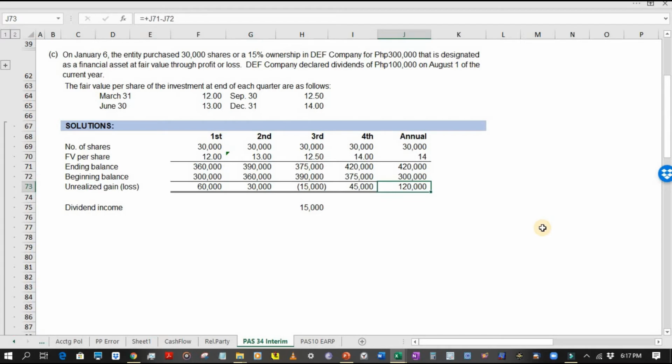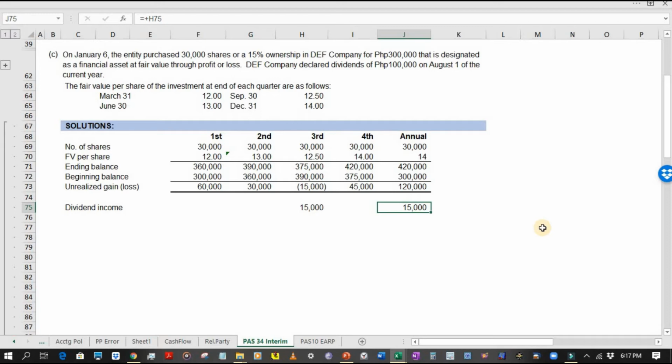And of course, the dividend income to be presented in the annual income statement is 15,000 pesos. Regardless of the quarter the dividend has been earned, the 15,000 will still be presented in the annual financial statement, specifically the income statement.